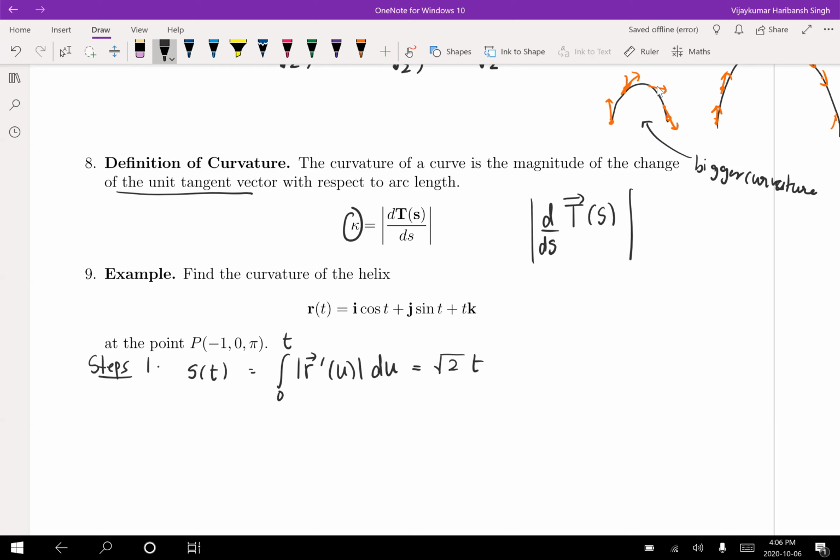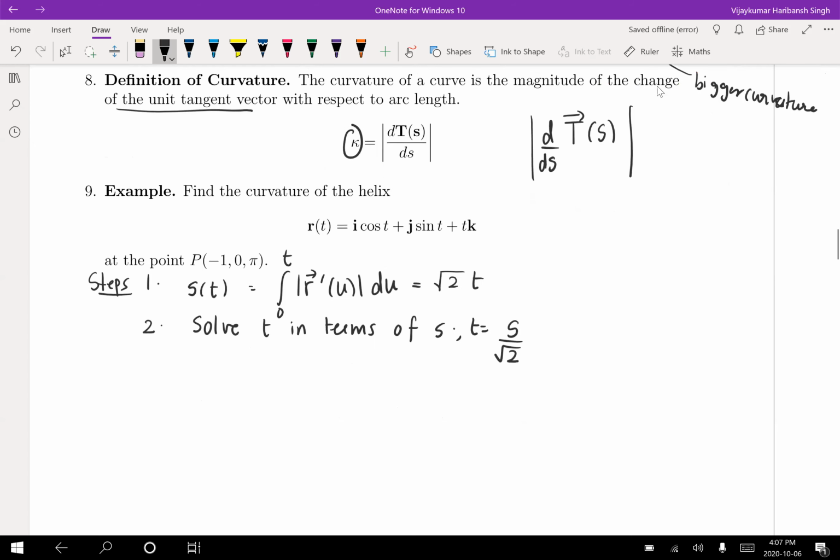So step 2, we solve for t in terms of s. That is, we get s by root 2 equals t. Then step 3, we reparameterize.